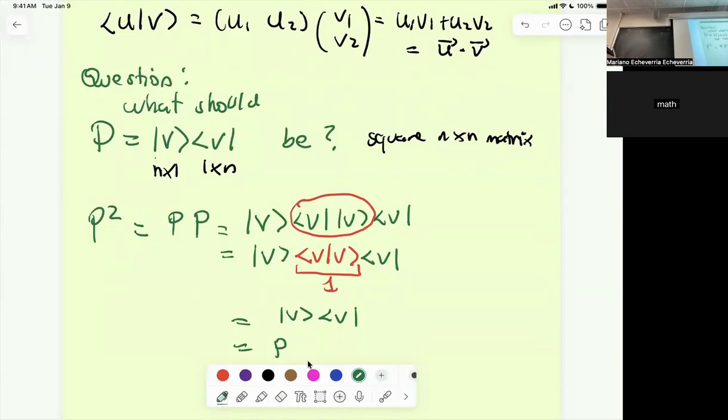Like, x squared equals x if you have a Boolean variable where x is either 0 or 1. So the generalization of this is called the idempotent. So P is either a zero matrix or it's an identity matrix.